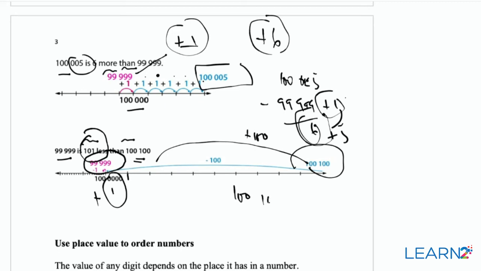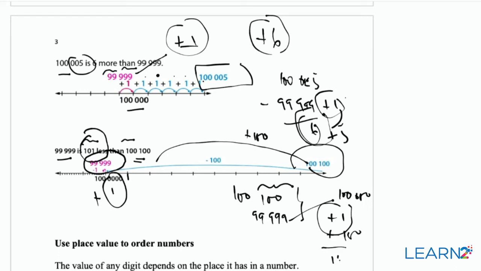So we're speaking here about 101 units away.